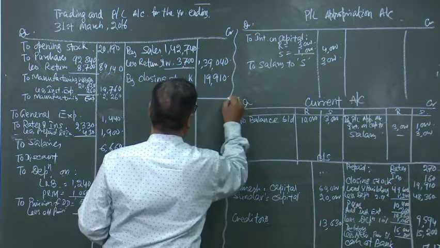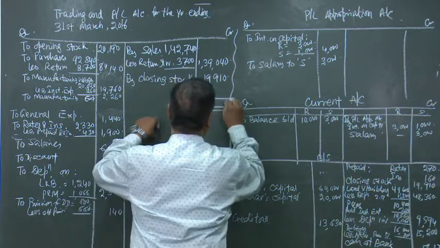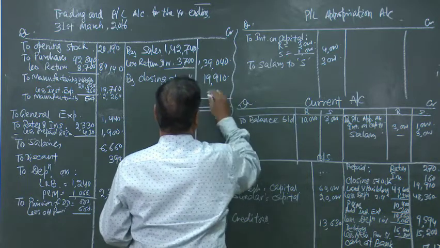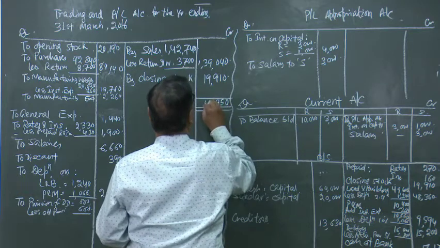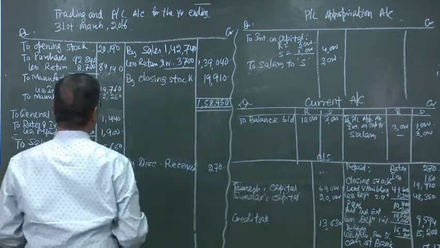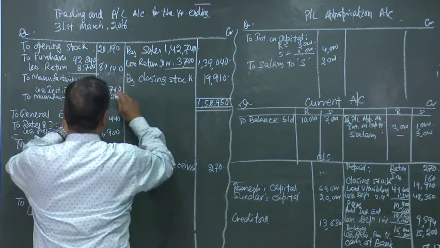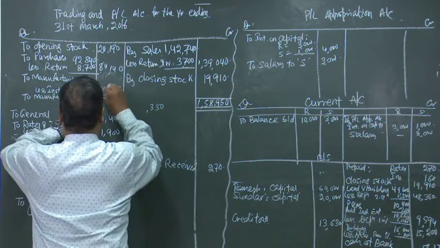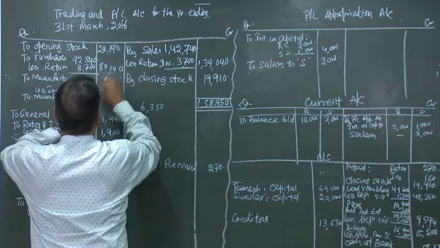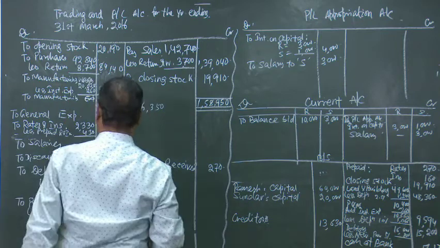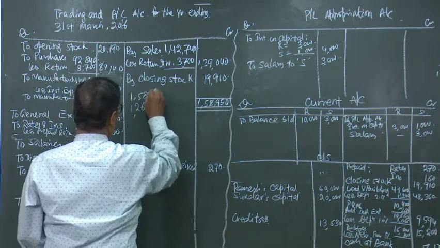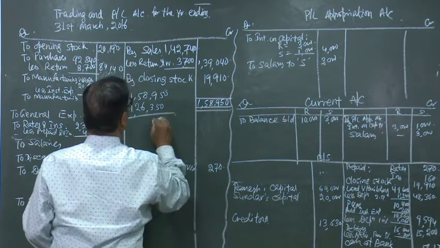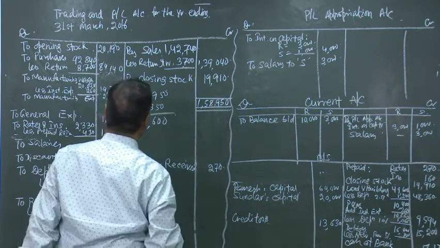Okay. 1,58,950 and this side total is coming to 1,58,950 minus 1,26,350, it is coming to 32,600.